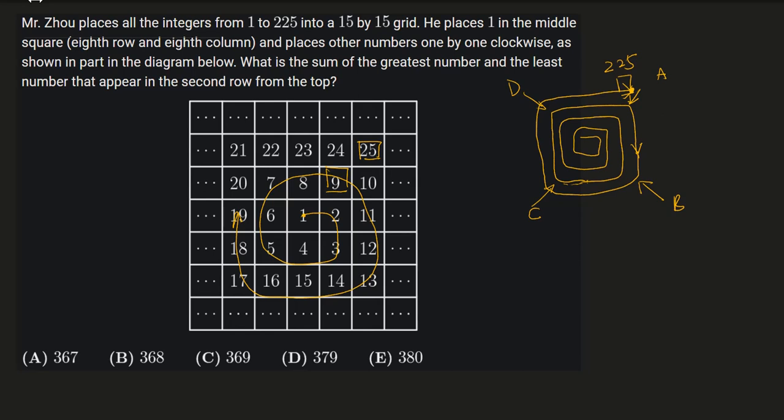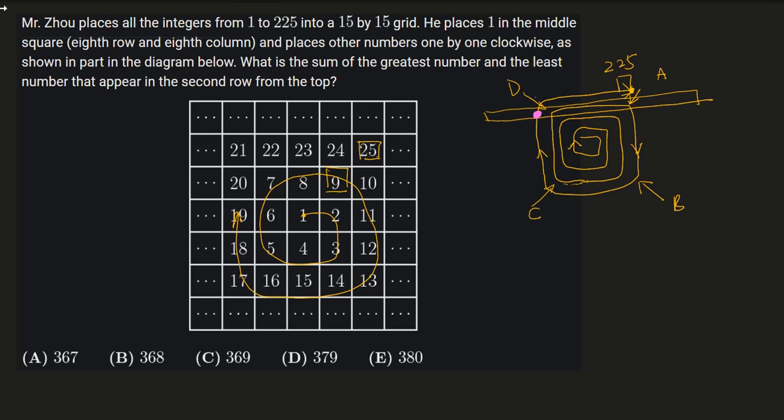As long as we know this pattern, then we can have a good estimate of how the numbers are listed. Since the numbers are increasing in the direction of our trace, for the second row, the largest number must be in here. This must be our largest number.